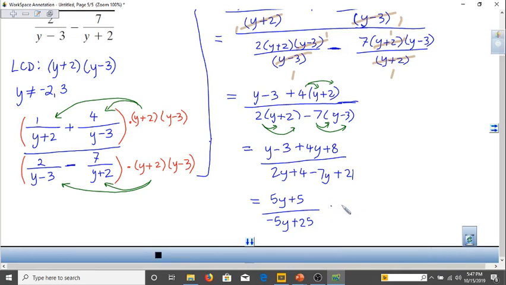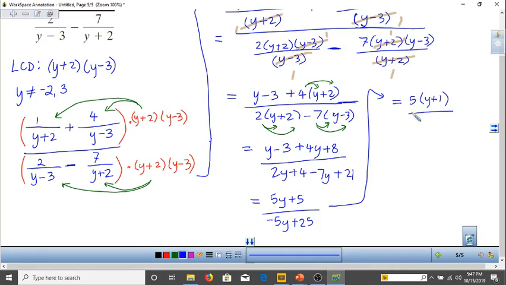Let me do it this way: 5 times y plus 1 over 5 times negative y plus 5. And the 5's cancel. And we end up with this result: y plus 1 over 5 minus y, or negative y plus 5.